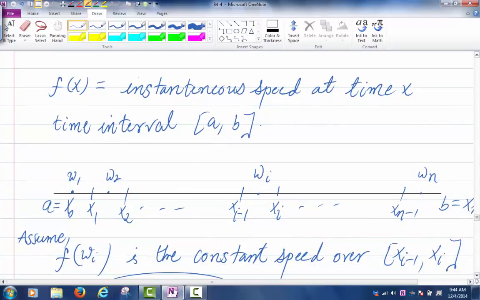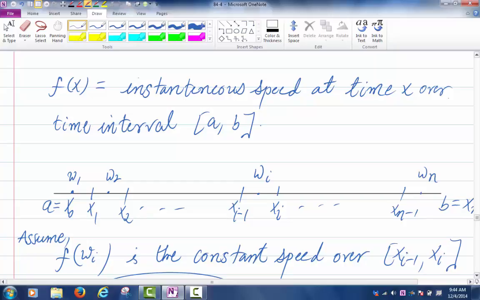I want to give you another application. There are so many applications of definite integrals, but one of the examples would be this. Suppose that f of x denotes the instantaneous speed at time x over the time interval from A to B. So suppose we are looking at the motion of some object, and the instantaneous speed of that object at time x is given by the function f of x.